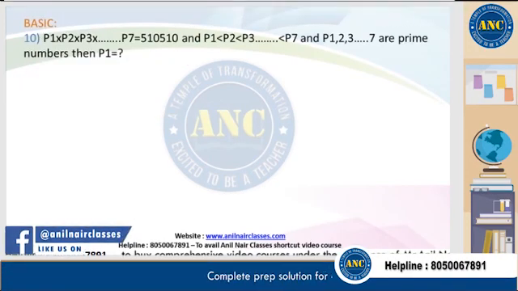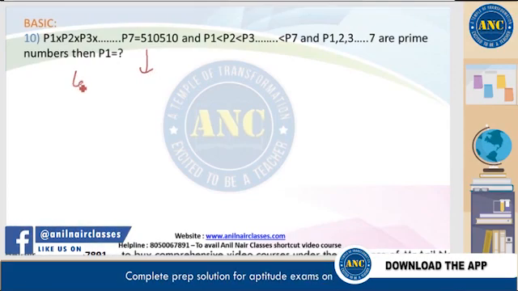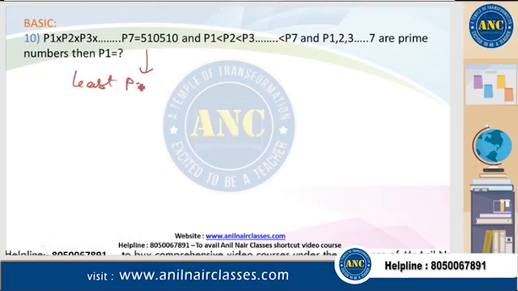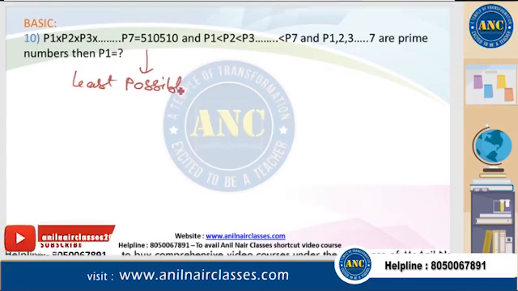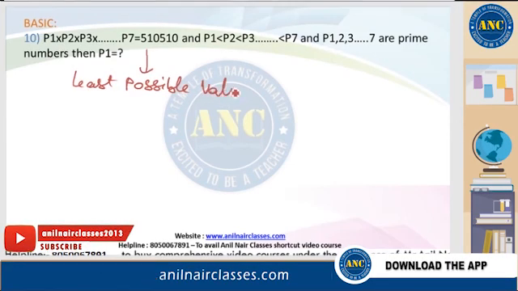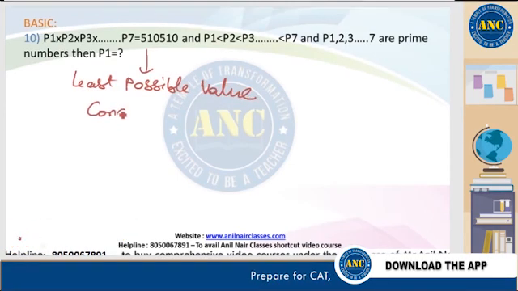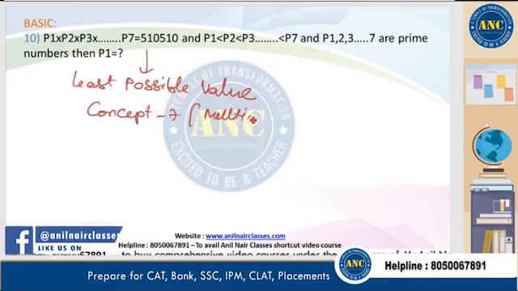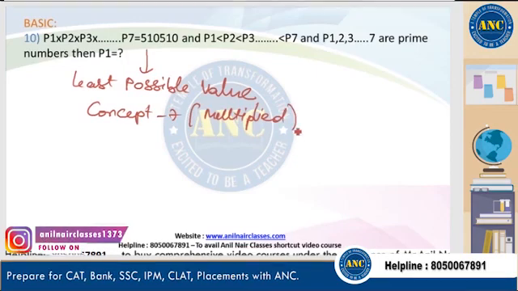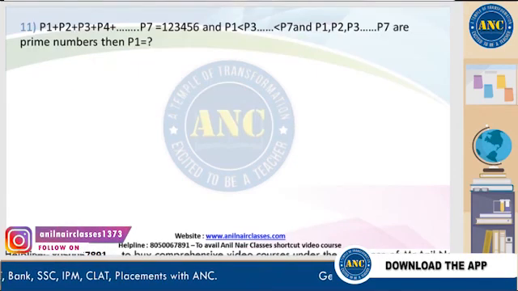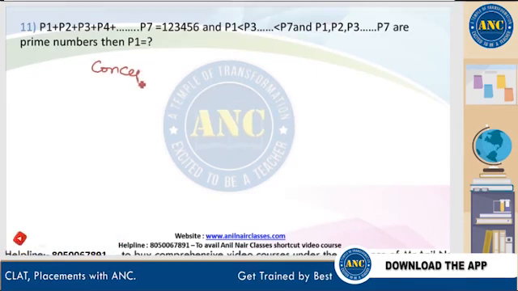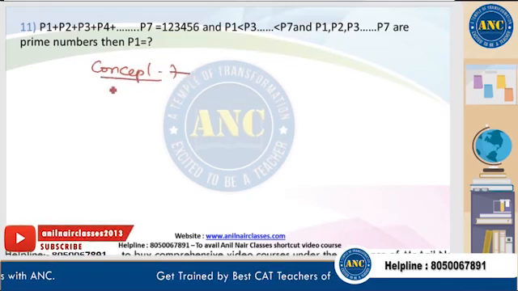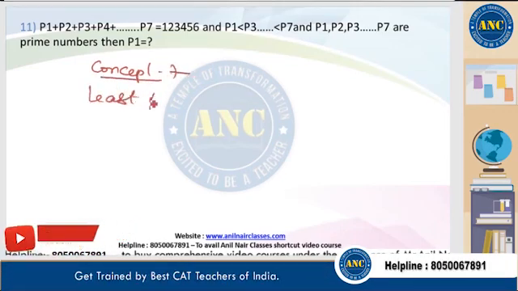Concept 6, finding out the least possible value. Concept 7, least possible value. Concept 7, when the prime numbers are multiplied. Same concept 7, but when the prime numbers are added, least possible prime number.